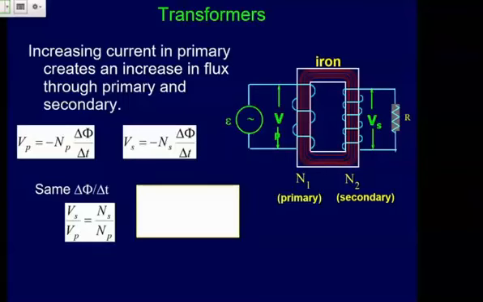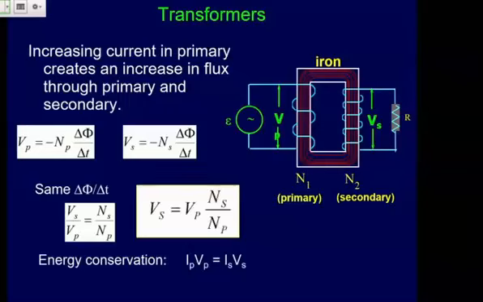So you get the relationship Vs over Vp equals Ns over Np. This is the key equation. I'd write it over here, but there's no chalk. But that's the relationship we're looking at.